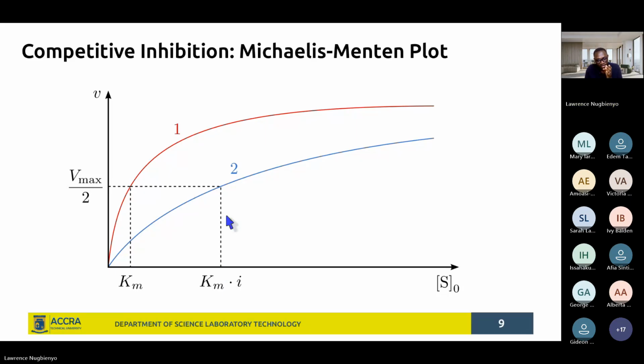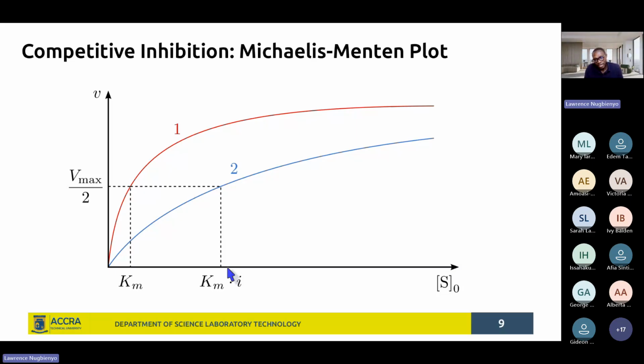The concentration of the substrate at which half of the maximum rate of the reaction is reached is more. Yes, it's more because you have a competitive inhibitor there which is also binding to the enzyme, and you need more substrate in the system in order for the reaction to reach that level of the rate of the reaction.